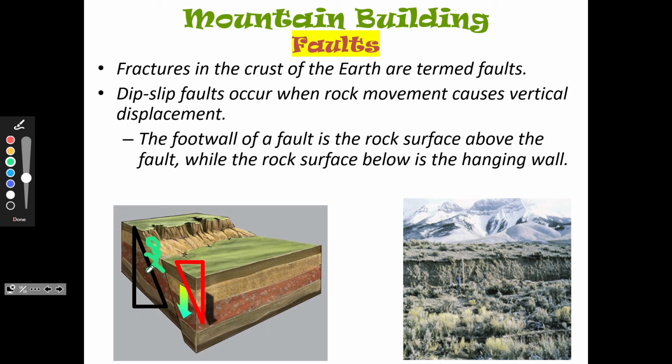Our feet would be on the wall. On the red triangle, if we're looking at this portion, our hypotenuse, if we're thinking about math, we call this the hanging wall because I'm not going to be able to stand here with my feet. I'm going to be hanging on with my hand. So in order to remember footwall and hanging wall, just think, can I stand there or not? All right, footwall, hanging wall.